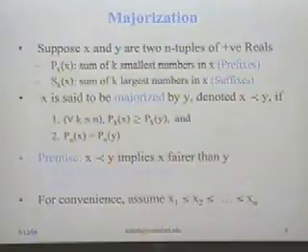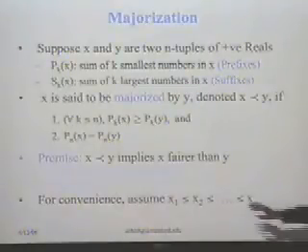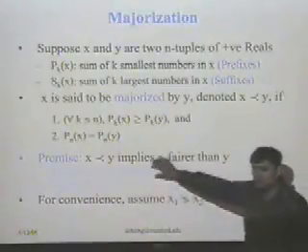So what does it mean that x is fairer than y? This was Lorenz's premise. Lorenz defined the notion of fairness, and Hardy, Littlewood, and Polya proved some sort of formal theorem.